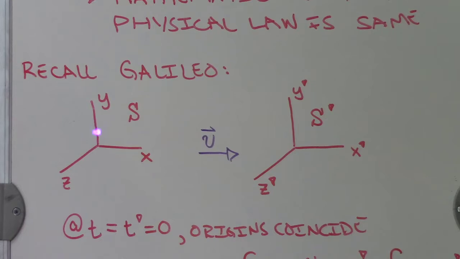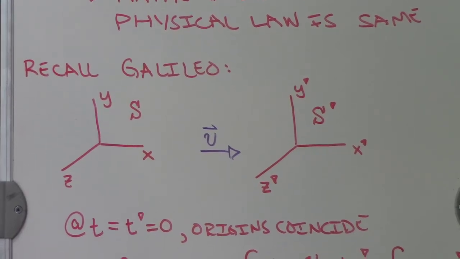Recall that in Galilean relativity we had an unprimed frame, we'll call it the S frame, with axes x, y, and z, and a second primed frame, I'll call it S prime, with axes x prime, y prime, and z prime, and the S prime frame is moving with velocity v with respect to the unprimed S frame.